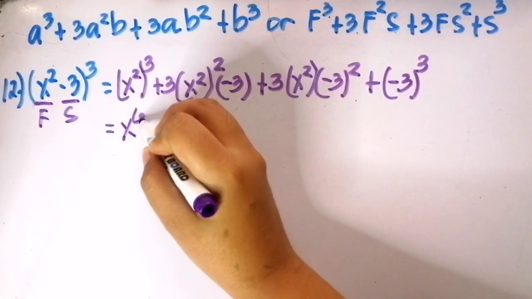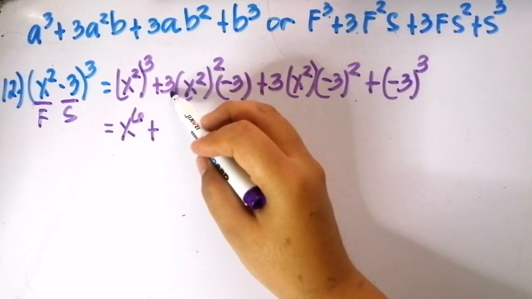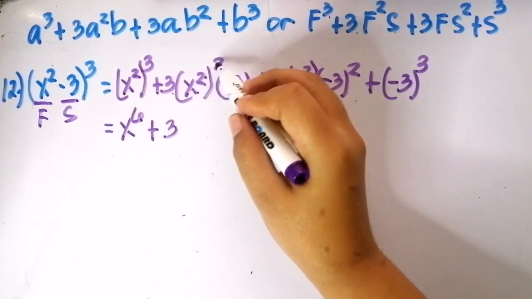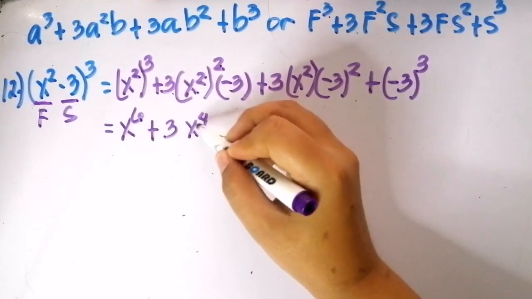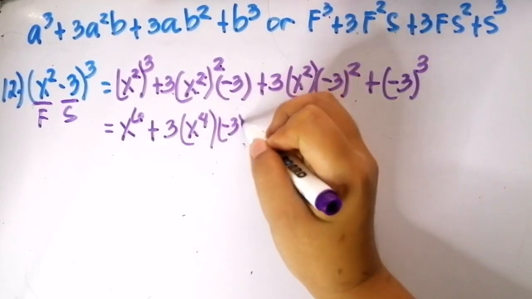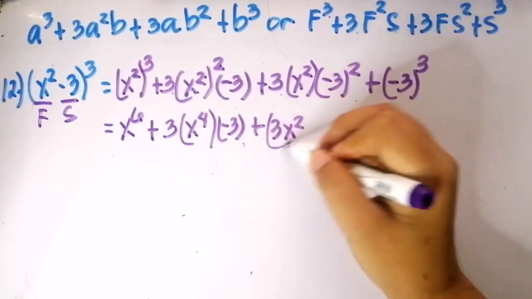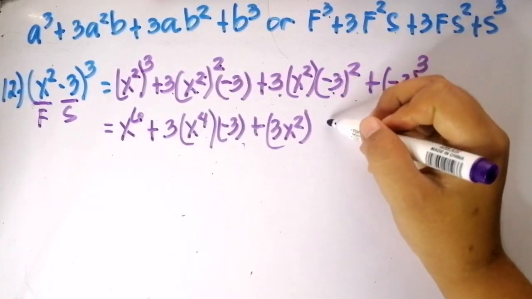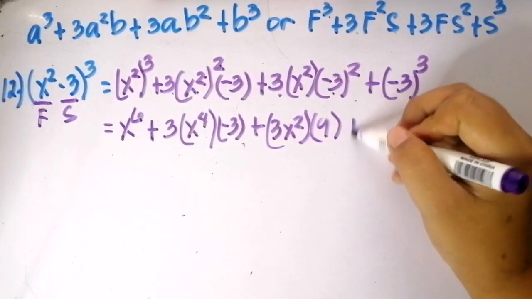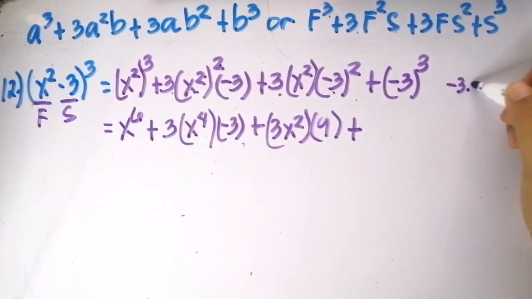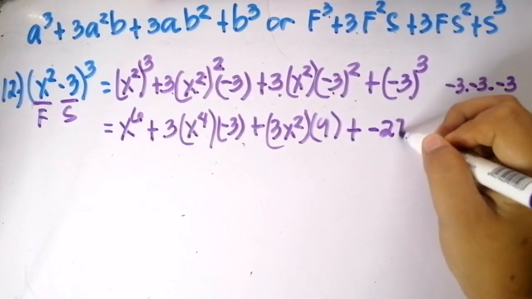That is x raised to 6 plus 3 times x squared times x squared, multiply the exponent, that is x raised to 4 times negative 3 plus 3x squared times negative 3 times negative 3, that is positive 9 plus negative 3 cube. Ang ibig sabihin nito ay negative 3 times negative 3 equals positive 9 times negative 3, that is negative 27.